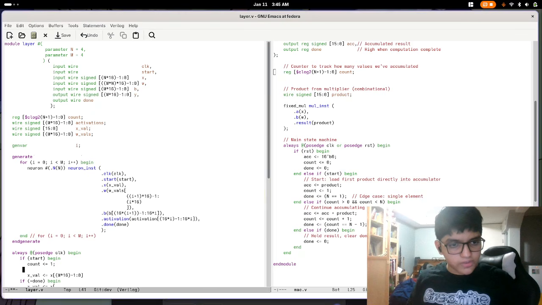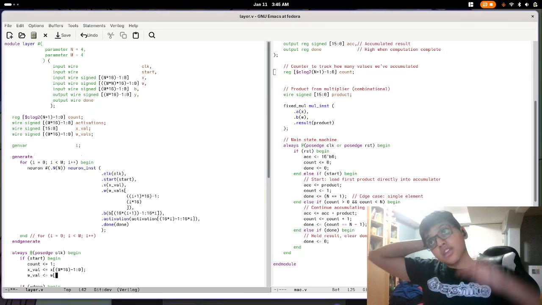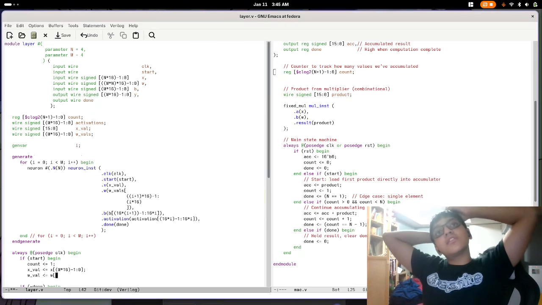I forgot the semicolon. Then the weight value equal to the weight matrix. Then we want to slice that.